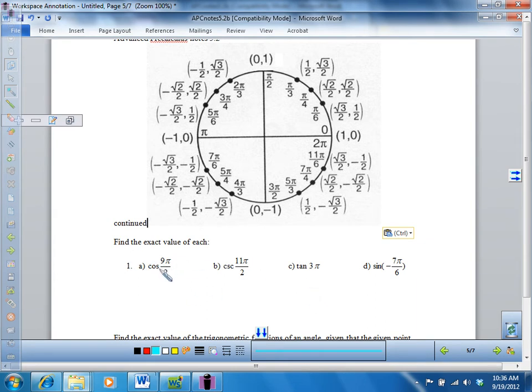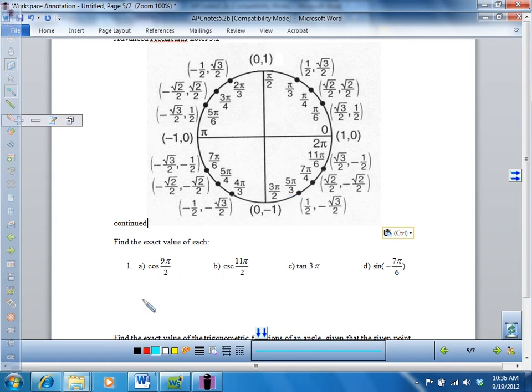So the cosine of 9 pi over 2, the way you do that, these are all quadrantal angles. Well, not this one. So if you see something that ends in a 2 or a multiple of pi, that would tell you that it is probably one of the ones on the axis.